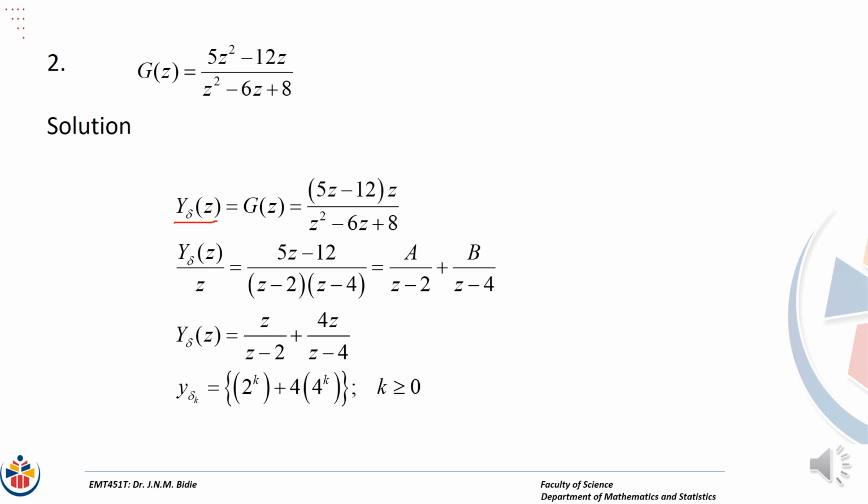Also in that numerator, take out z so that you take it to the left hand side. Note that as you continue, you don't use G(z), we are using Y delta(z). And then find the partial fractions and then get the inverse z transform of Y delta(z), which will be the impulse response.